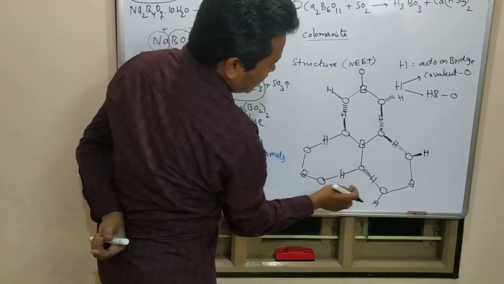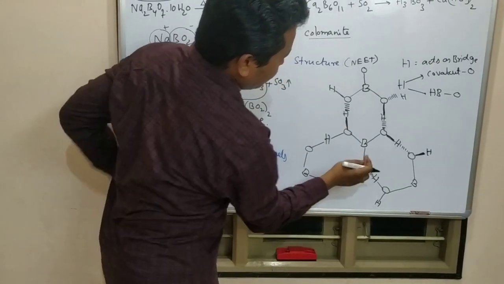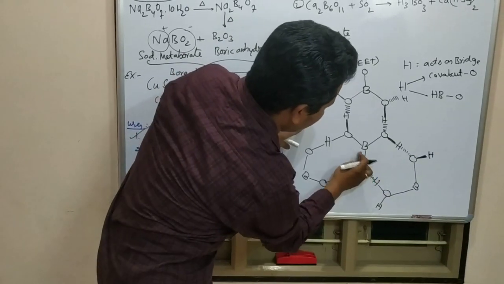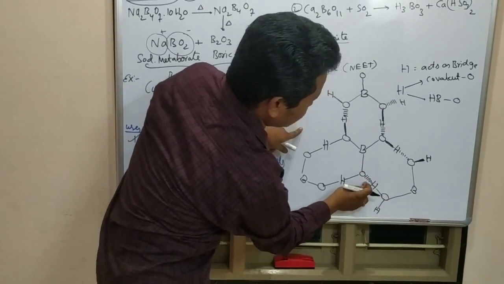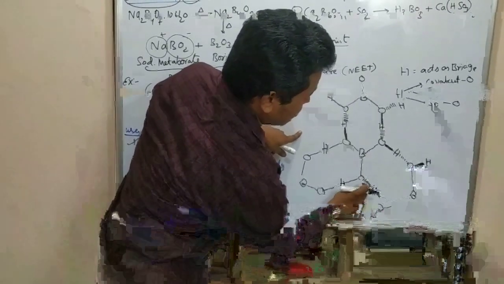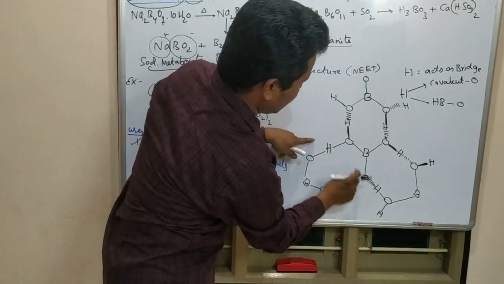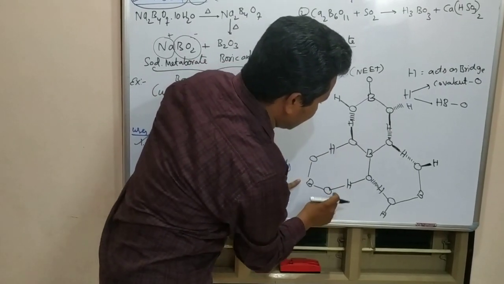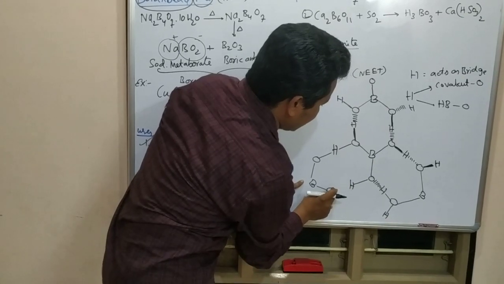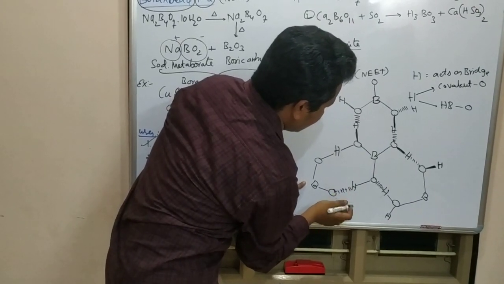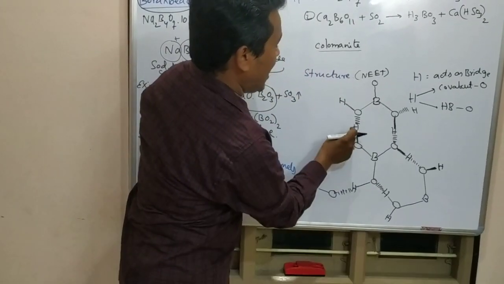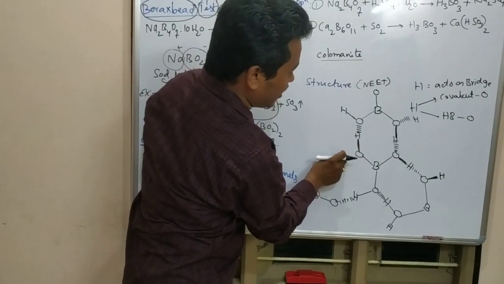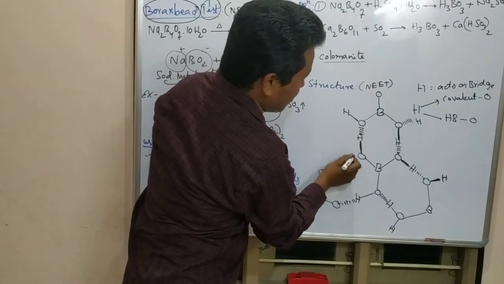Come here. B-OH over. Here B-OH. Here what is there? Here hydrogen bond, here covalent bond, okay? Here also. Here what is my alternate? This one will be a hydrogen bond. This is B-OH. This is covalent bond means this one is which bond? Hydrogen bond.